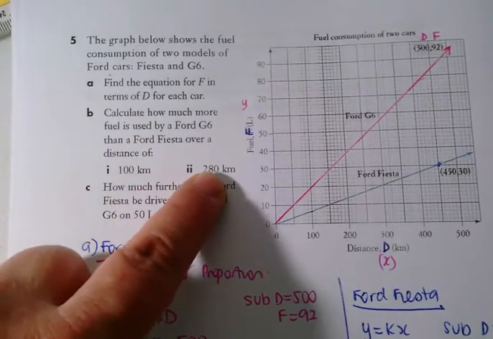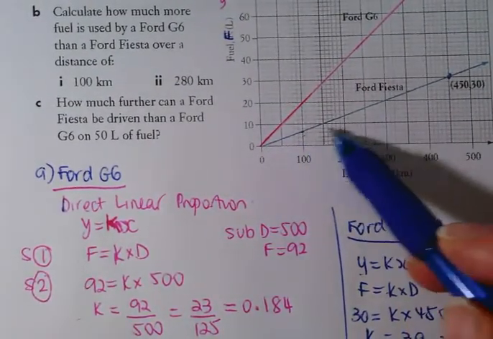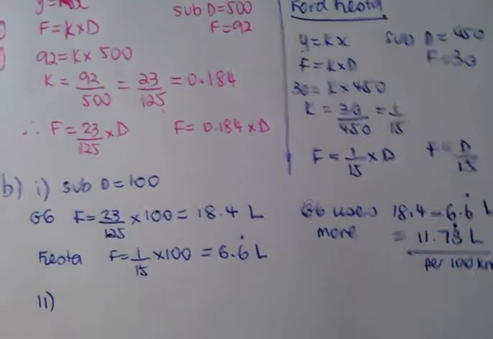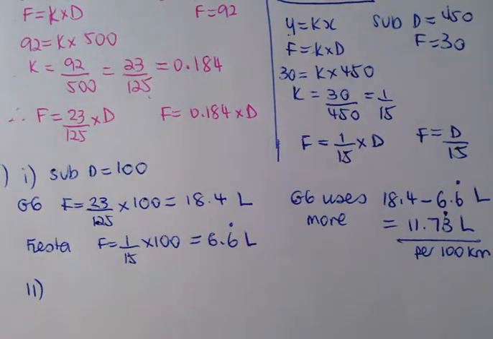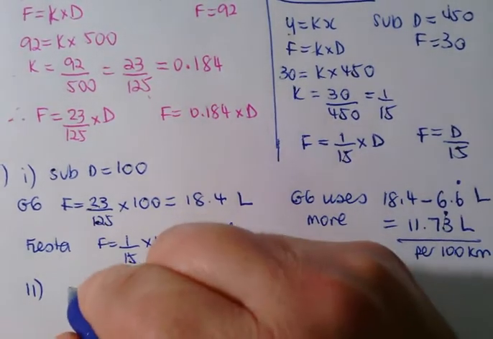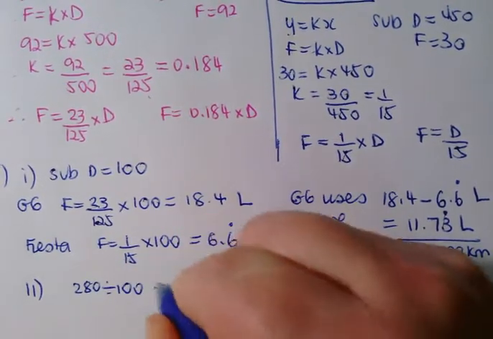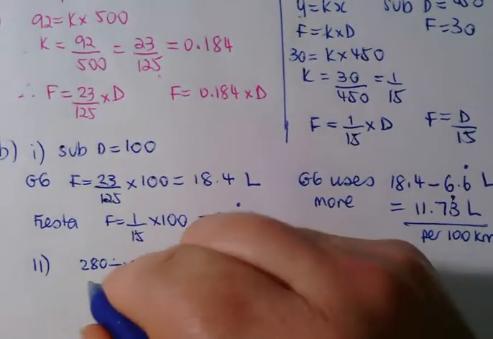over 280 kilometres. We can see they're straight line graphs, so it'll use the same amount extra per 100 kilometres. We can do this two ways. We can substitute all again and subtract, or we can just say 280 divided by 100 is 2.8, and multiply the answer we got by 2.8.